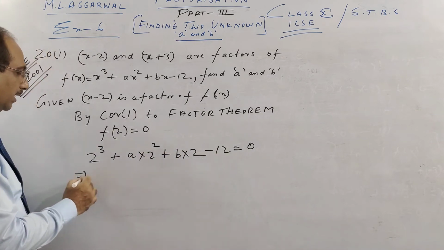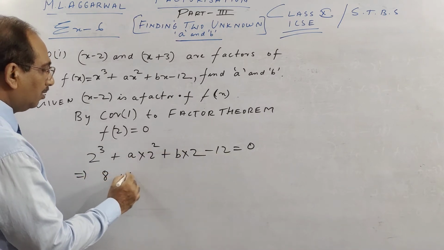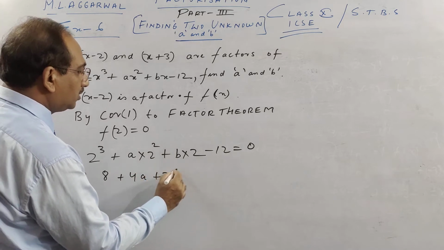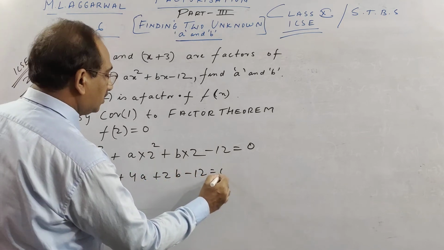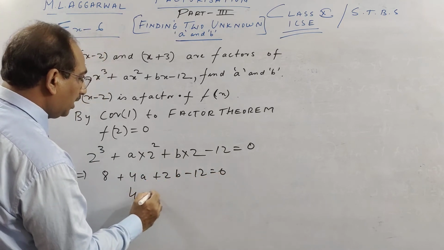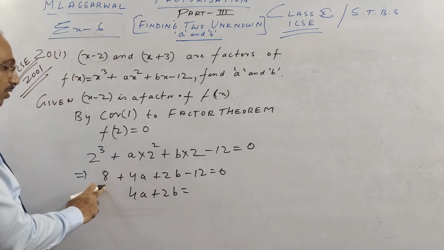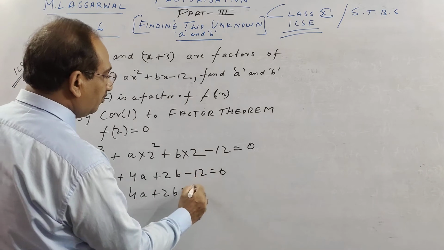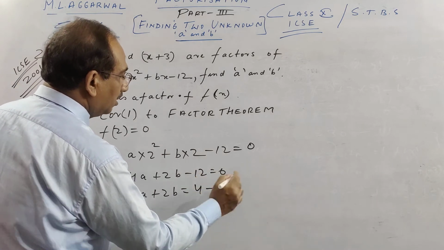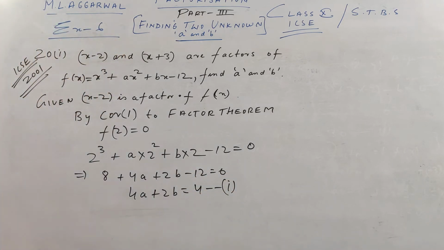So here what do we get? 8 plus 4a plus 2b minus 12 is 0. So we get 4a plus 2b. Here if you see, you will get minus 4, which will become plus 4 on that side. So this is my equation 1, and in the same way we will solve.